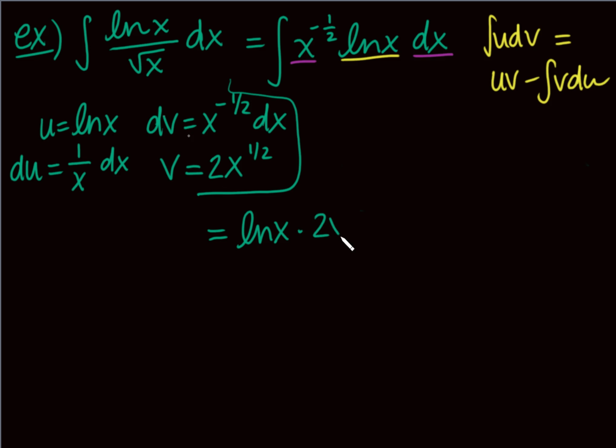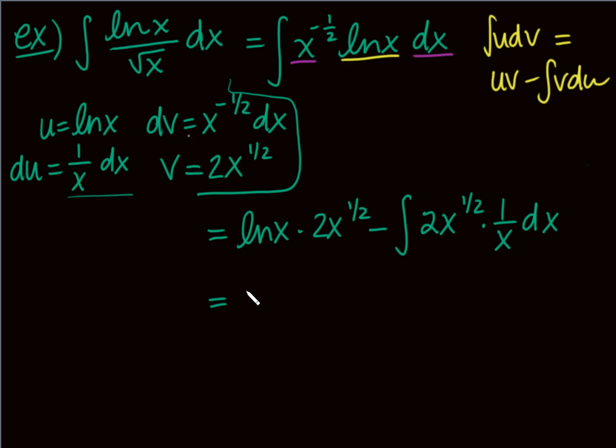My v is 2x to the 1/2. I'm going to switch those in a moment. I don't like my natural logs coming first. Minus the integral of v, which is 2x to the 1/2 times du. Now look at what du is. It's this whole thing, so I have to put that whole thing. 1 over x dx, okay?